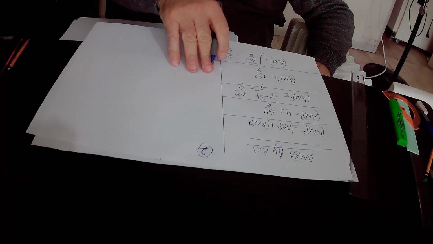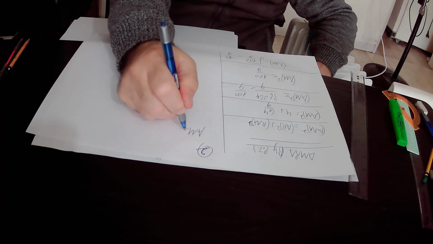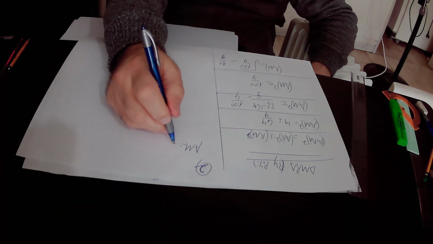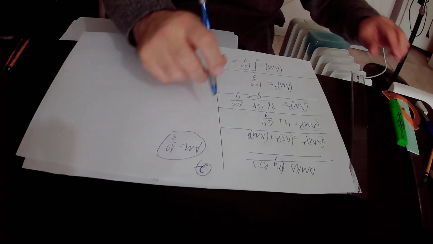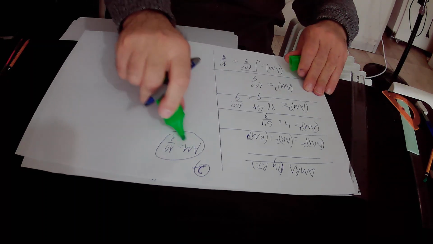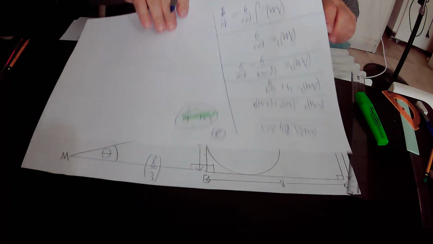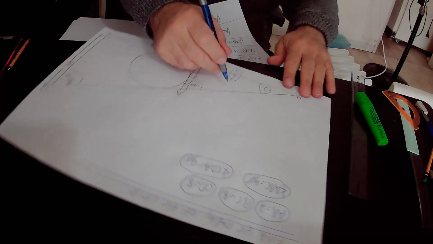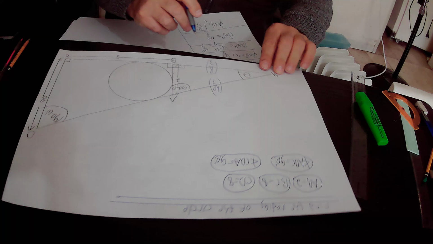So in conclusion, the length of the hypotenuse AM equals 10 over 3 units. So write it down in the original drawing that the length of the hypotenuse AM is 10 over 3 units. AM equals 10 over 3 units in length.